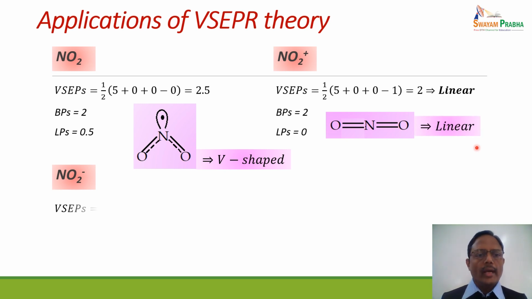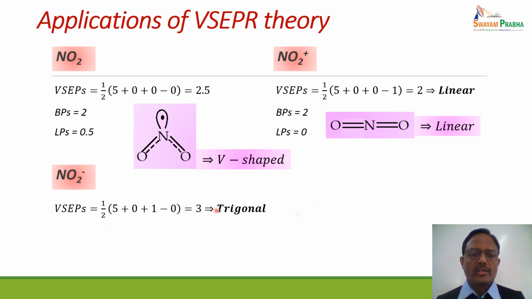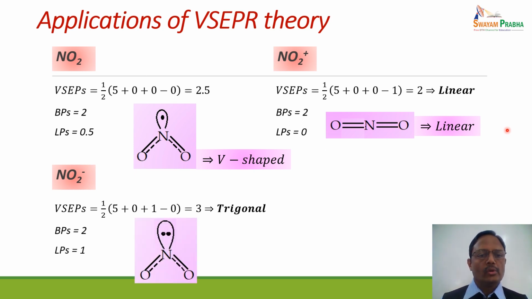Coming to the NO2 negative ion, there is one additional electron added. As a result, the structure will have 3 valence shell electron pairs, leading to trigonal planar geometry, and out of that there will be 2 bond pairs and 1 lone pair on nitrogen, so the trigonal planar geometry changes to a V shape because of the 1 lone pair on nitrogen.